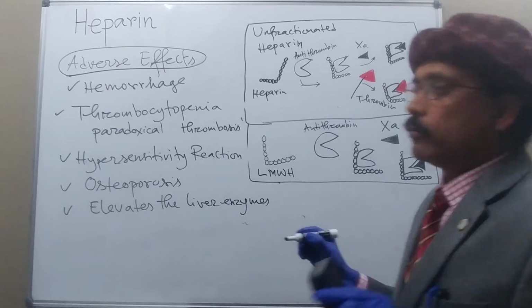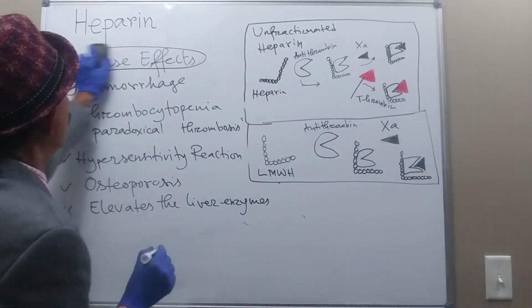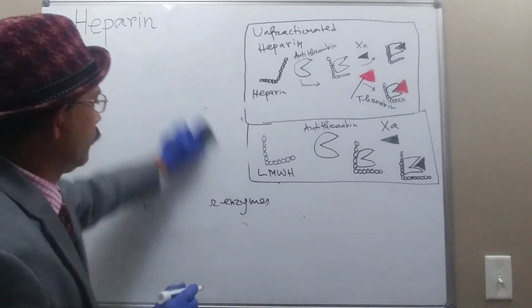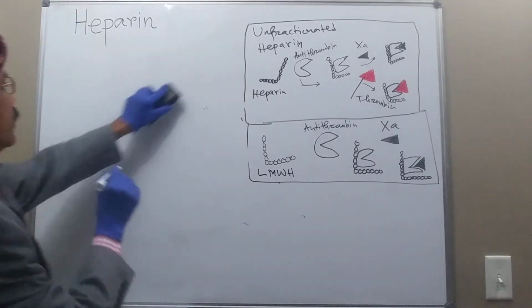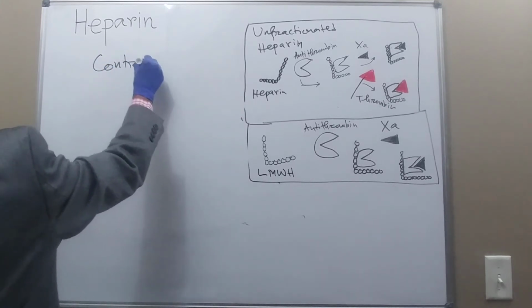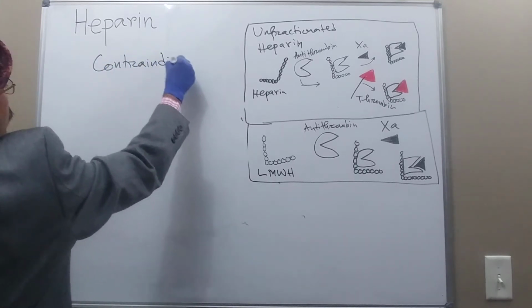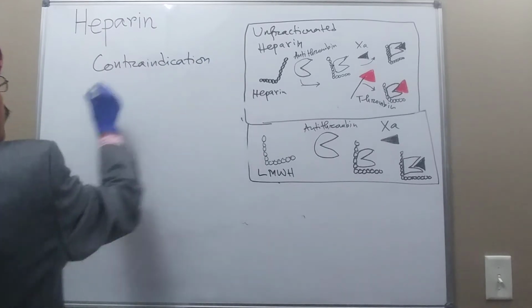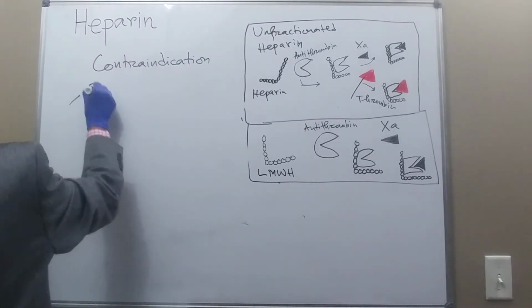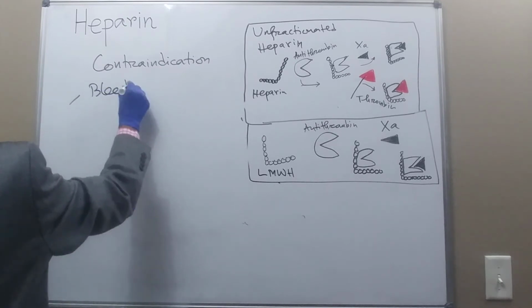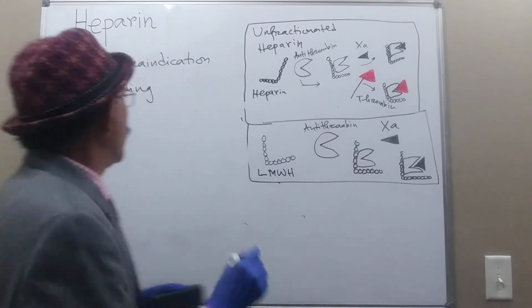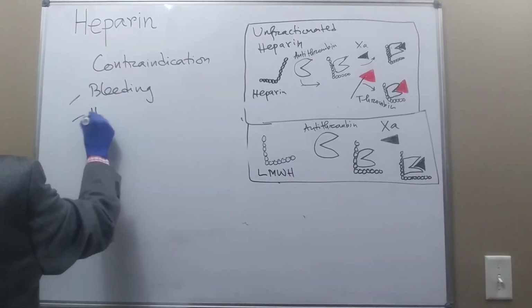Okay. Now we'll go to the contraindications of heparin use. What are the contraindications? In case of active bleeding, it is contraindicated. Any type of bleeding, active bleeding. Then hypersensitivity.